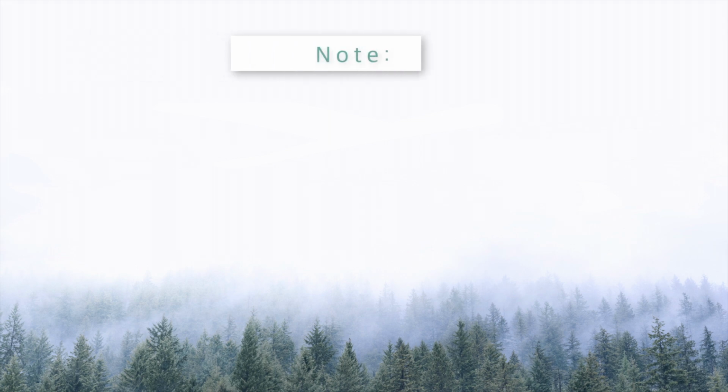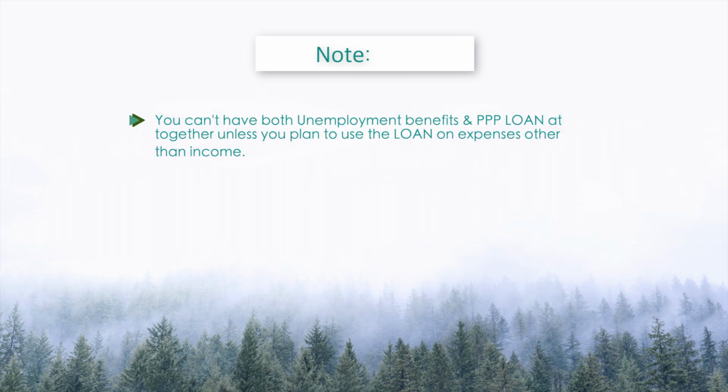First, I would like to address two main confusions and most asked questions about PPP right off the bat. Number one, you cannot take both unemployment benefit and PPP loan at the same time, unless you'll be using the loan on other business expenses other than your income.